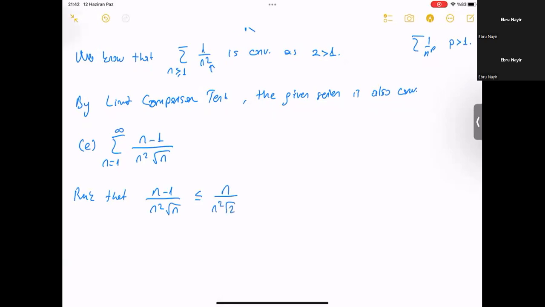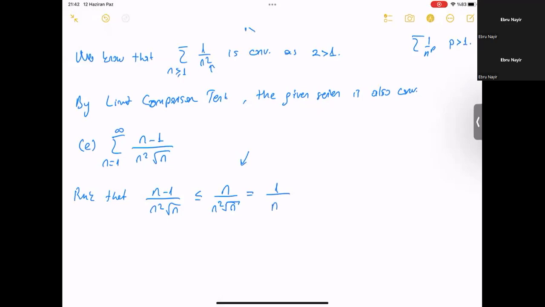The denominators are the same, and this one's numerator is greater than the other one, so it's greater than the previous one.